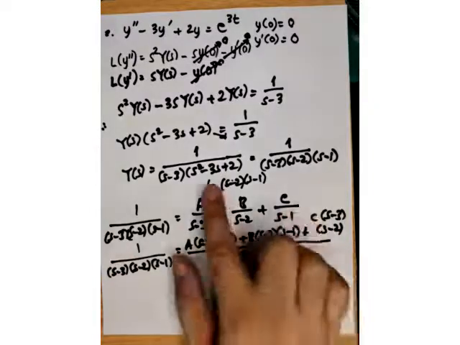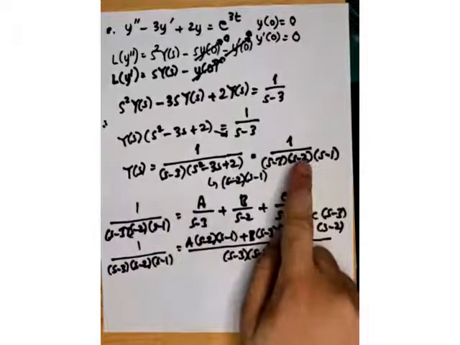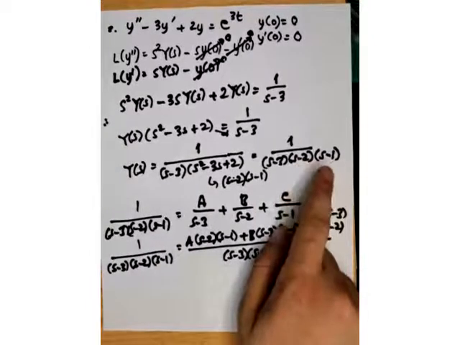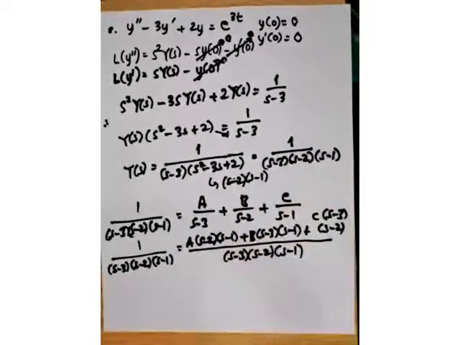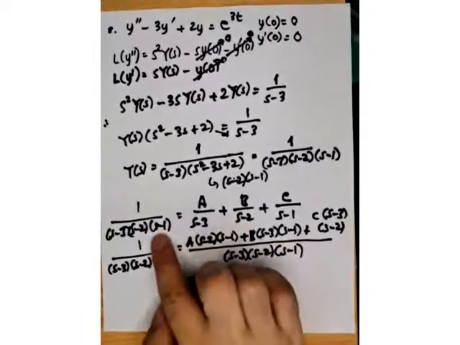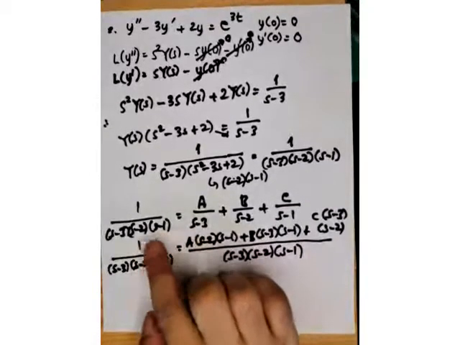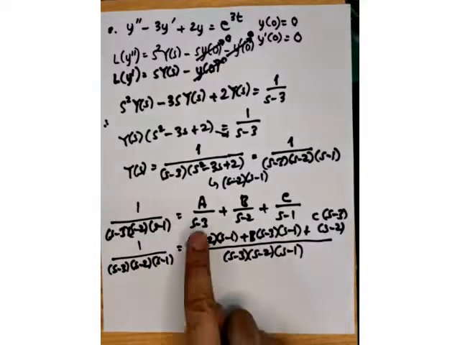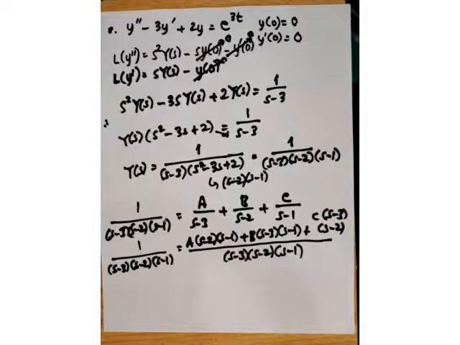So, pinactor out ko siya. That's why I arrived with this fraction. So, since meron tayong tatlong factor dito sa denominator, we can proceed with the partial fraction decomposition. Ayan. And yung tatlo ay pare-pareho silang case 1, linear, non-repeated. So, that's why I only have A, B, and C for each of the linear factor.